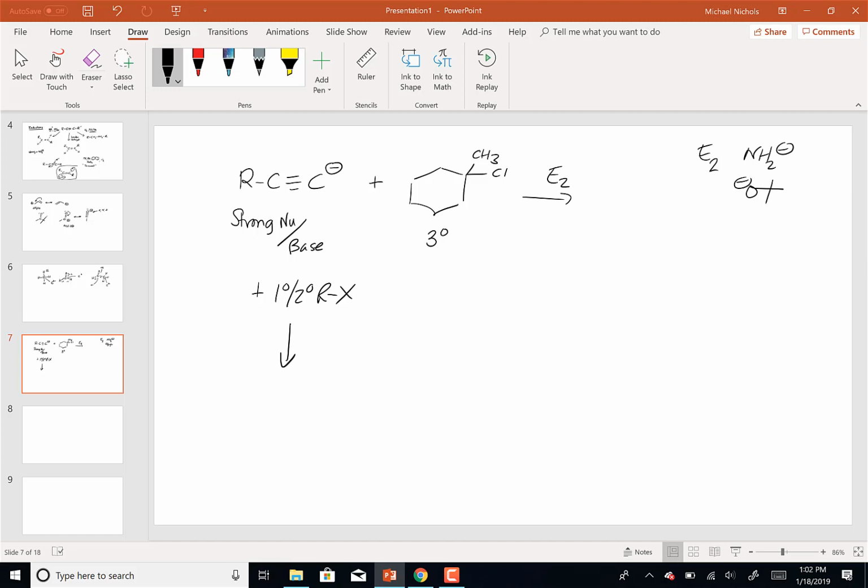We'll have other ones, such as alkoxides, within the next couple weeks. These can do either one, but we're going to limit them to either SN2 or E2.